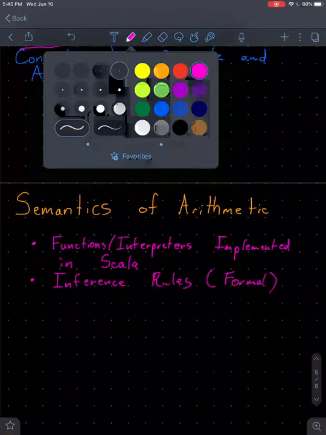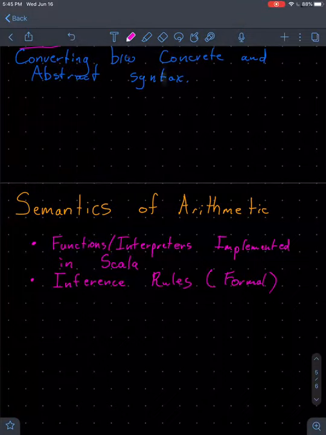What is an inference rule? Has anyone encountered inference rules before? If you've taken a logic class or discrete math, they might have gotten introduced when you talk about logics. These rules have been around for a really long time.